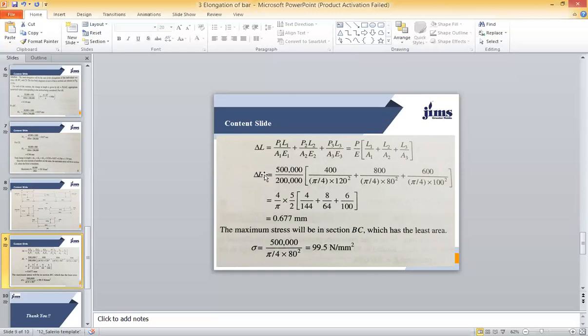So delta L is 500 kilonewton, which you have to change to Newton, so that becomes 500,000.